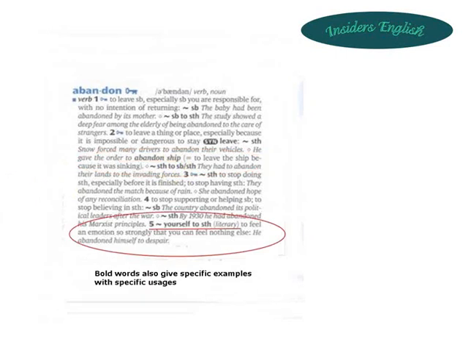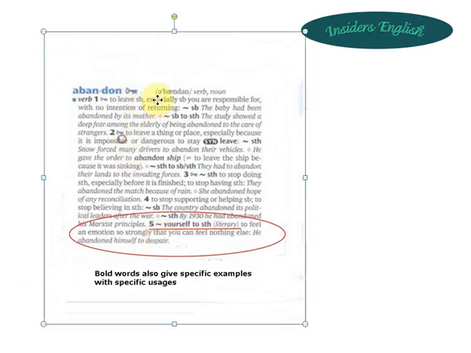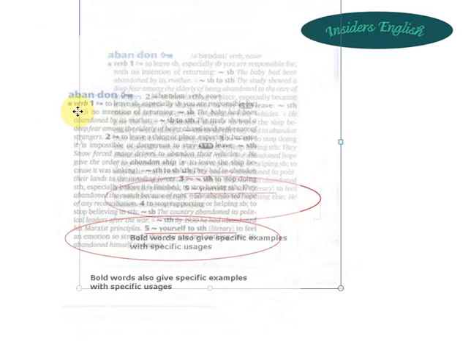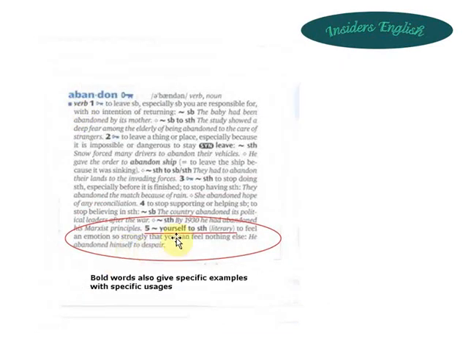We can look further down the entry and find another specific example. This one tells us, remember the squiggly line, we can use any form of abandon plus yourself. Now when you see yourself, you know you could exchange that with myself, himself, themselves. Next, we need to and something.